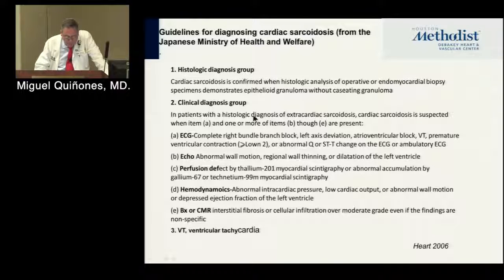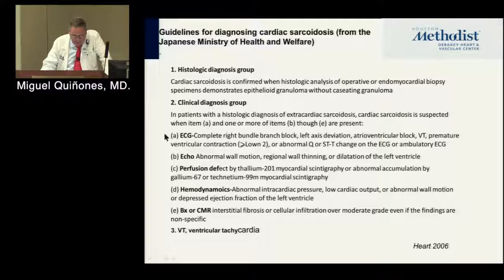In patients with known extracardiac sarcoid, which is, as I said earlier, the majority of patients that come in, cardiac involvement is suspected when one or more of items B through E are present, okay? So item A is pure EKG.